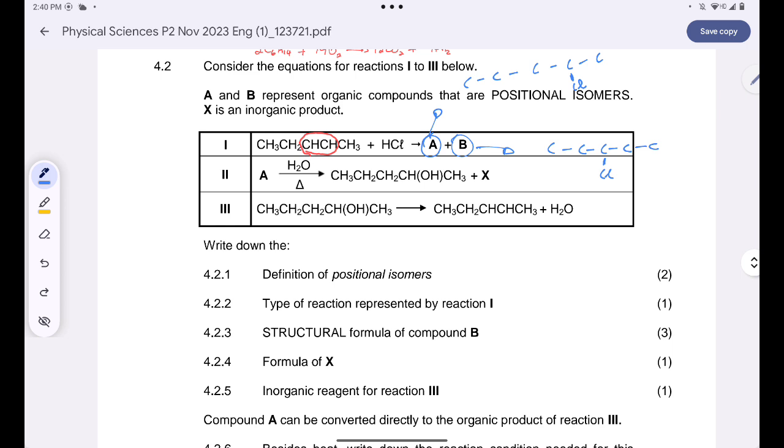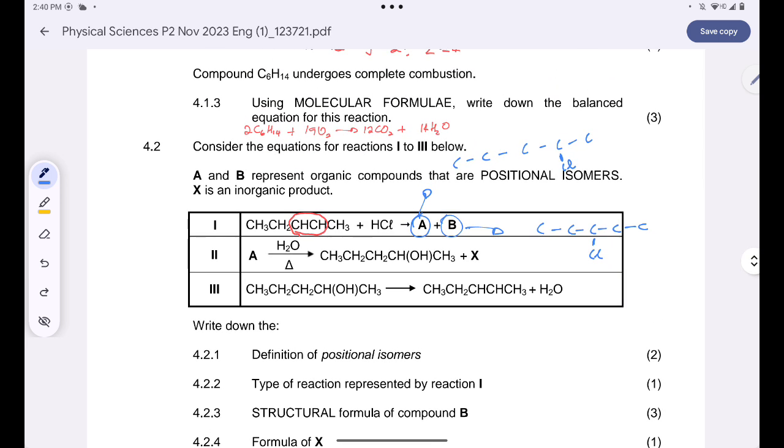Are you together? So in this case, for example, these 2 products, the major product and the minor product, both of them are positional isomers. Why are they positional isomers? Because the functional groups are positioned on different carbons on the parent chain. Are you together? Okay.